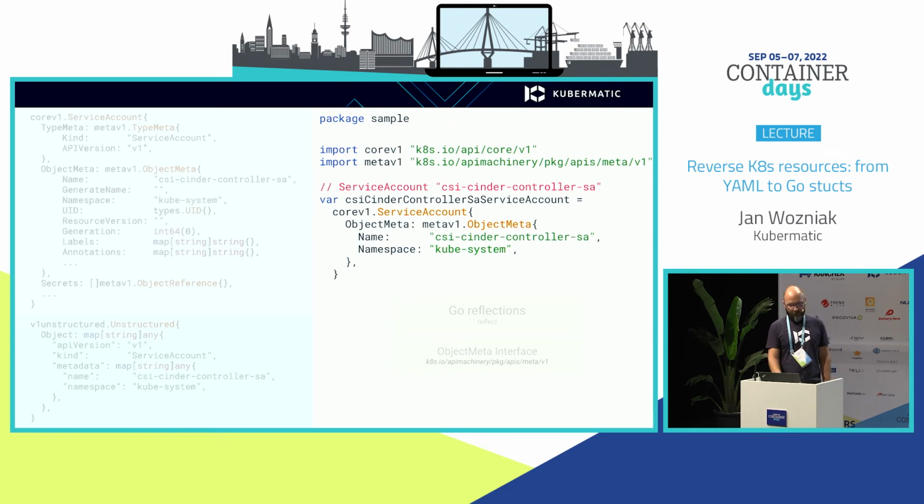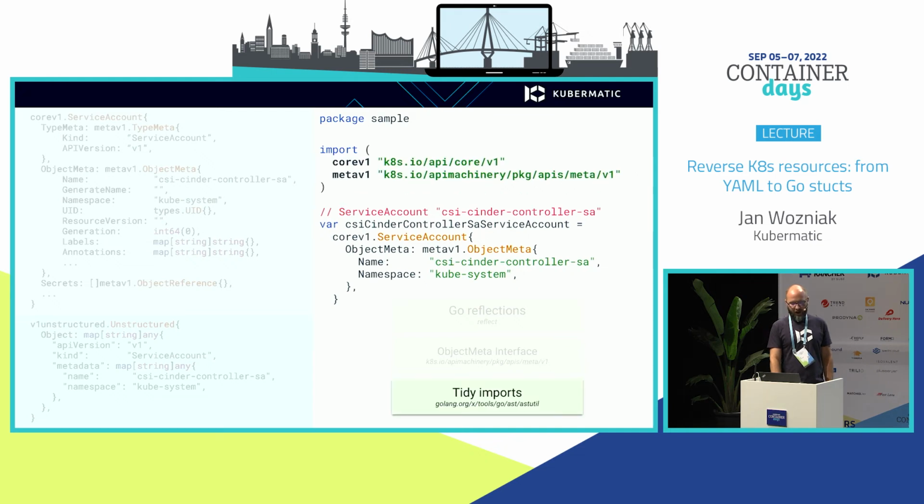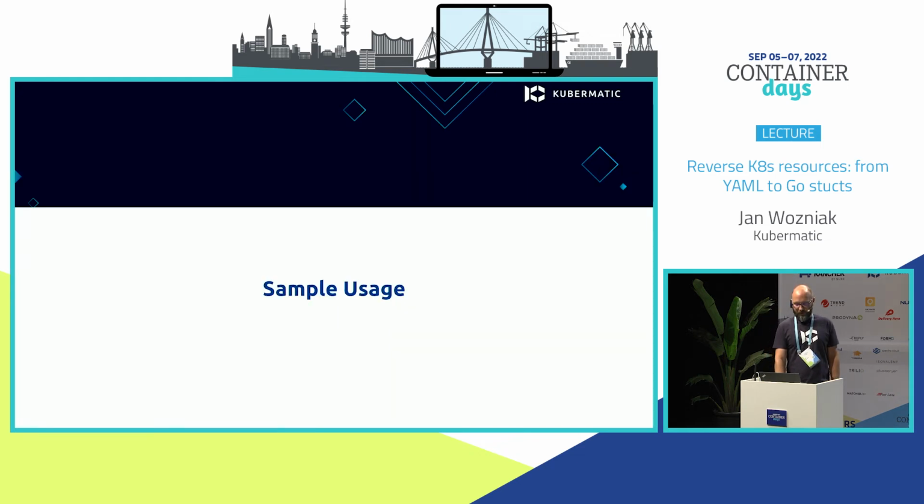And that is where we can actually terminate, because the unstructured tells us there is nothing more to investigate. And one noteworthy package that I use is from AST utils, for tidying up the imports, so the Go code looks a little bit more like idiomatic Go. And voila, that is it. That's how you essentially convert YAMLs into Go.